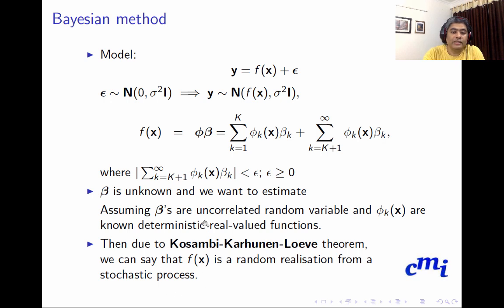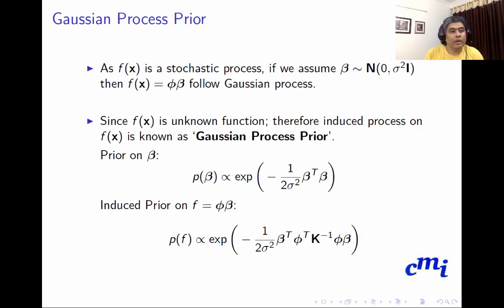So this function f of x is just a random realization from a random function process. Because beta is completely random, phi of beta must be random. Hence, if phi of beta is random, f of x is also random. So that is the starting point of Bayesian thinking.